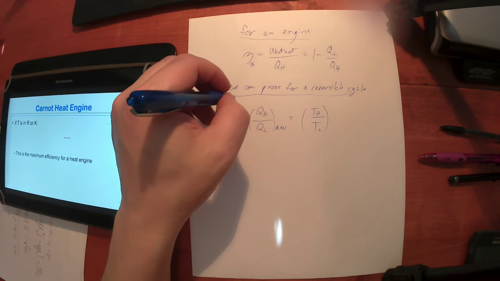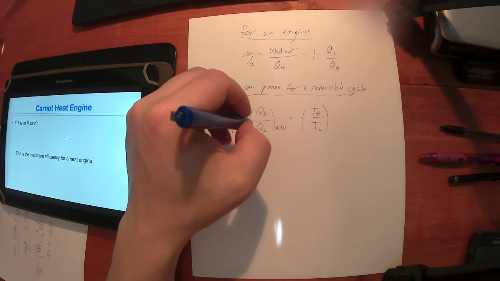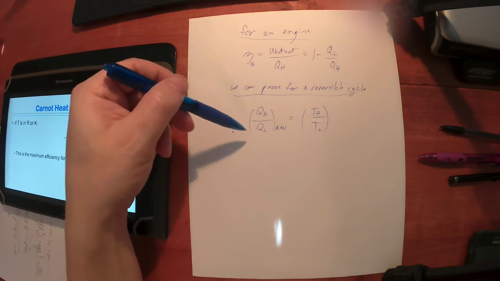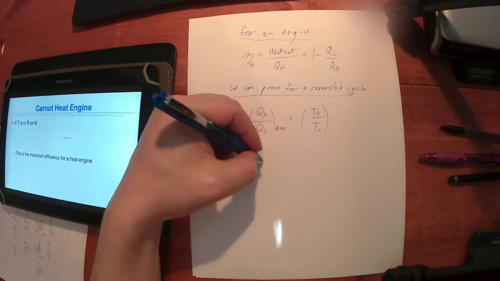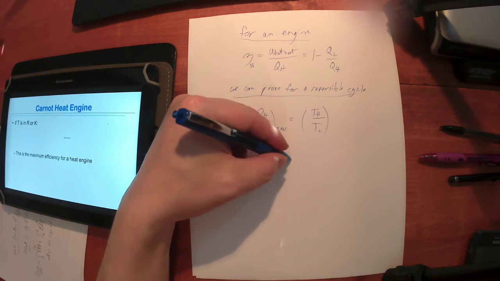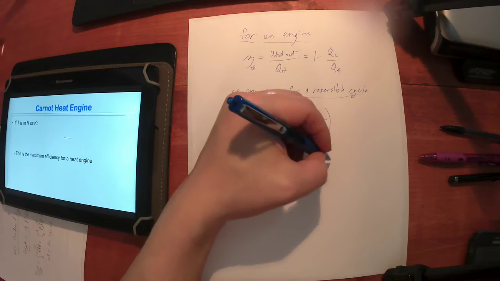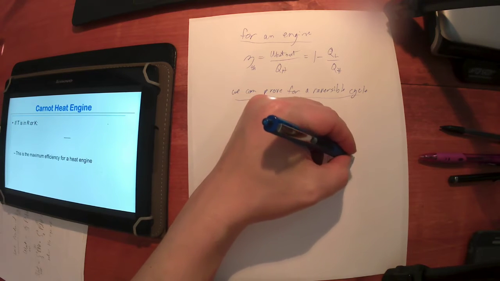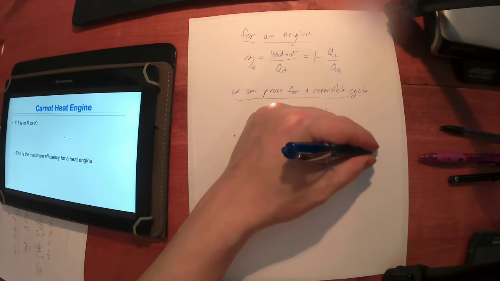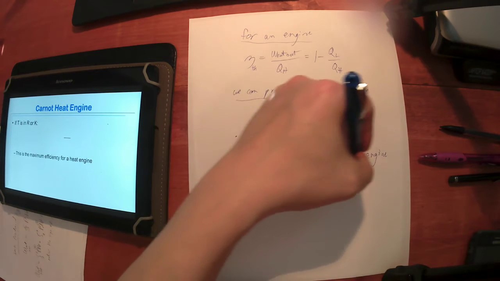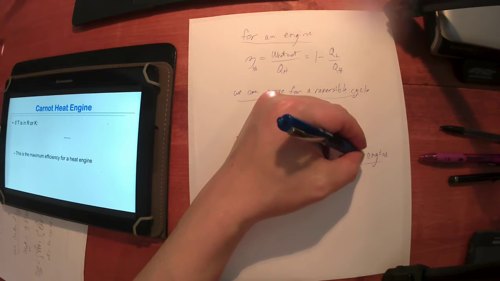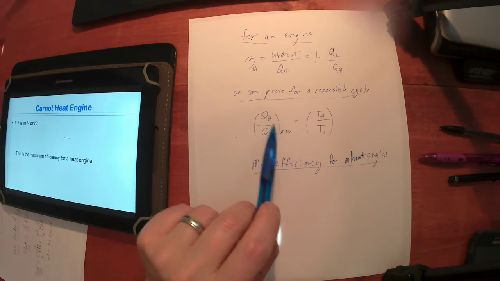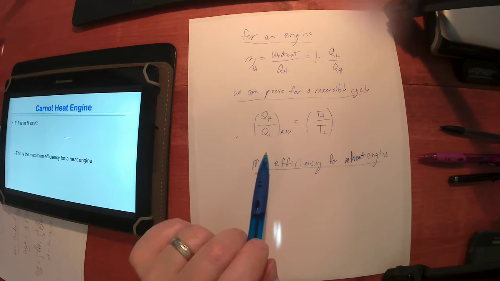But let's continue on. Let's assume that we accept that this is true. If that's the case, then the maximum efficiency for a heat engine, if it's reversible, this ratio is equal to this ratio.